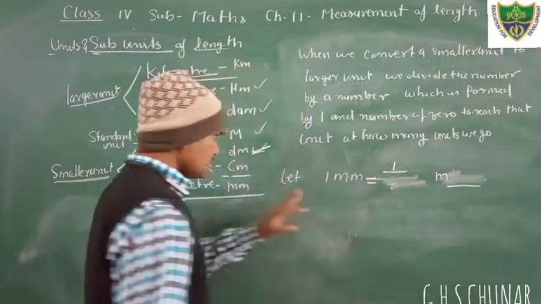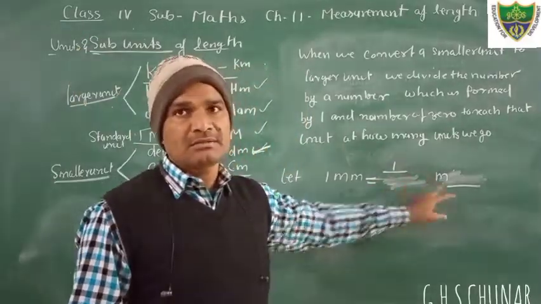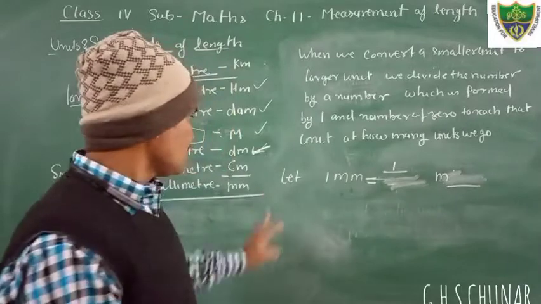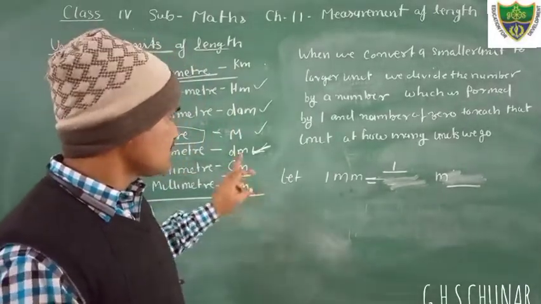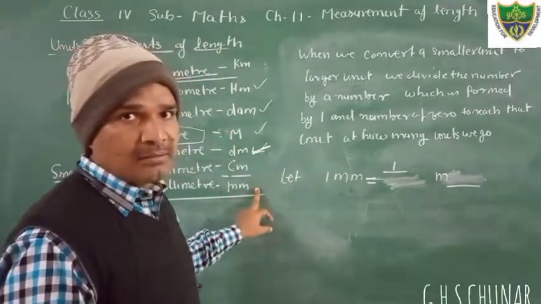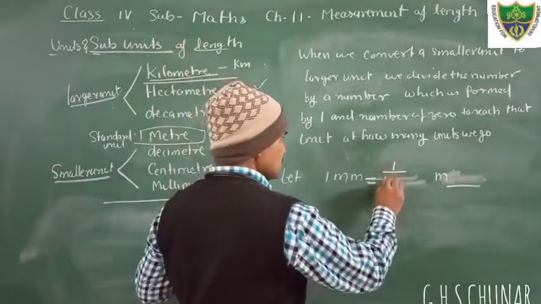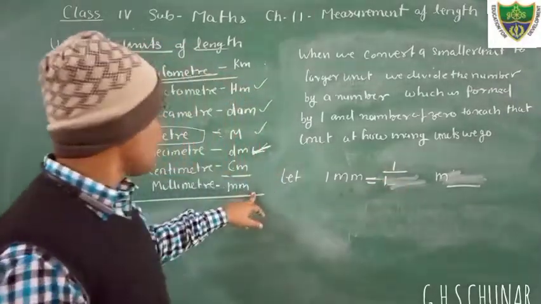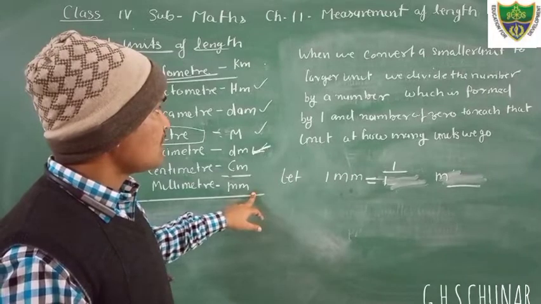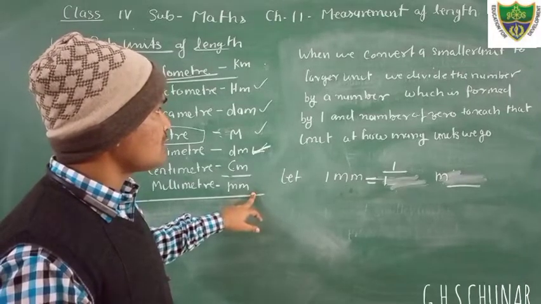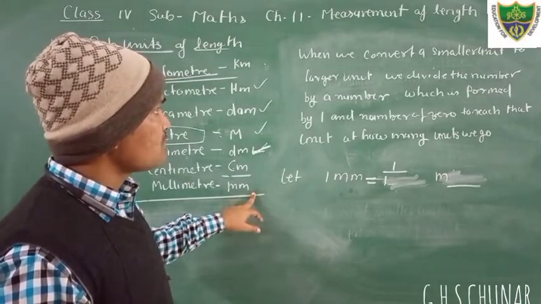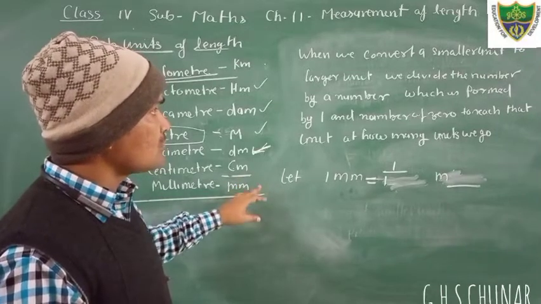What we do? We go smaller to larger. When we go smaller to larger, now we divide by which number? That is, we divide by the number formed by 1 and the number of 0 at how many places?